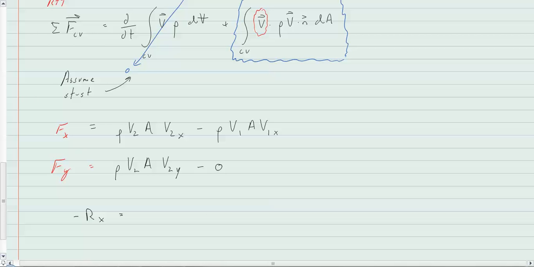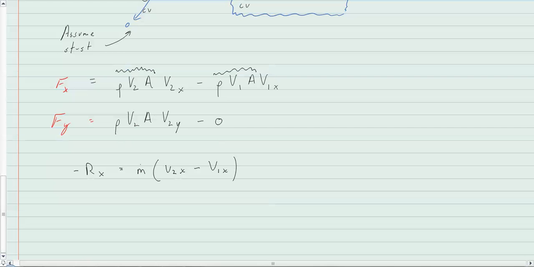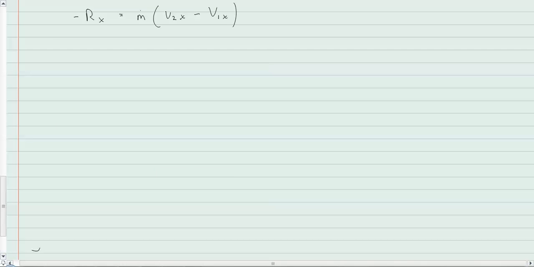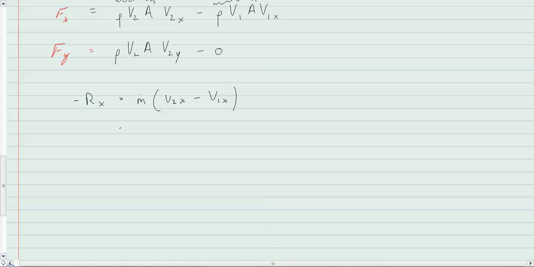We could also simplify these rho VA terms as the mass flow rate coming in. We could then write it the following way. And then this goes to 32 kilograms per second.